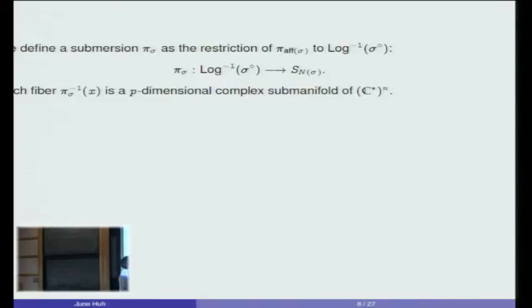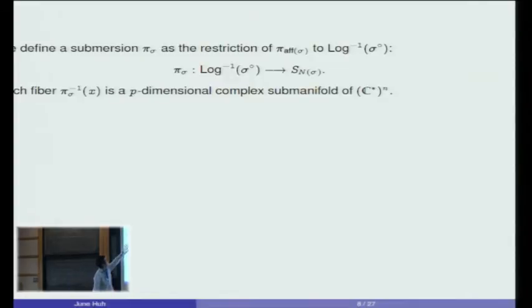The domain of such a map is the inverse image of the relative interior of sigma. So that's a manifold. And it maps to the real compact torus associated to the normal lattice of sigma, simply by restricting the map pi associated to the affine span of sigma.